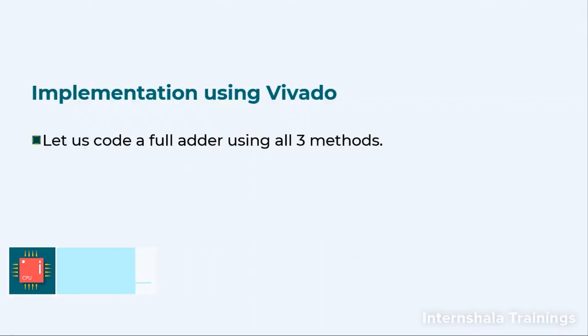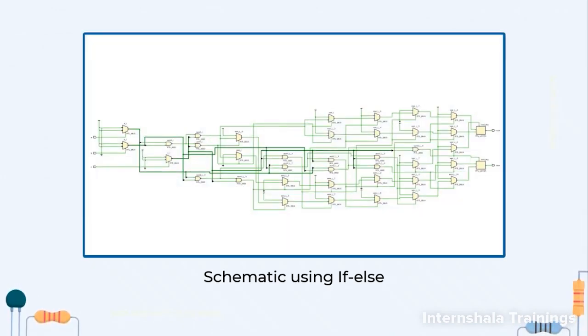So students, we have seen the coding style using all 3 different coding methods, and we can summarize that when we used if-else, our schematic was very large. A lot of multiplexers were used because we had defined so many different if-else conditions.